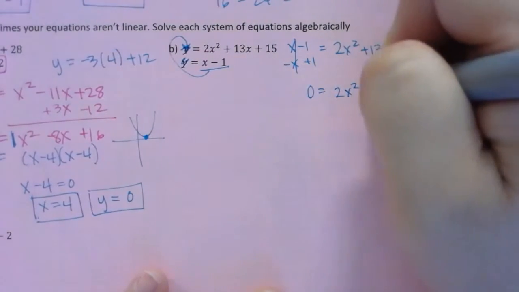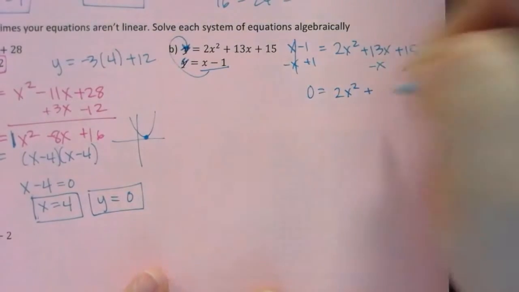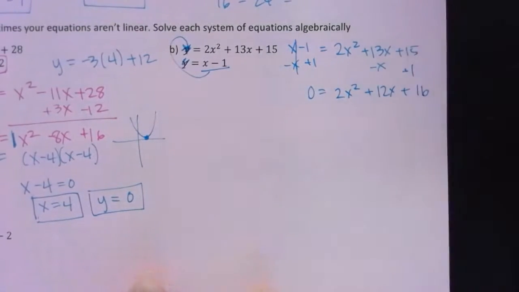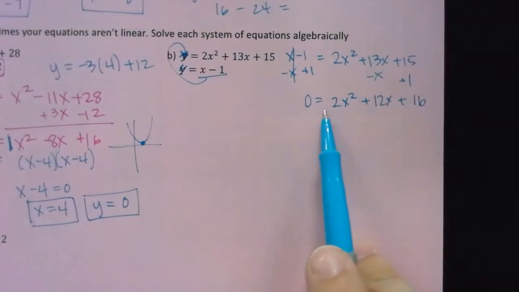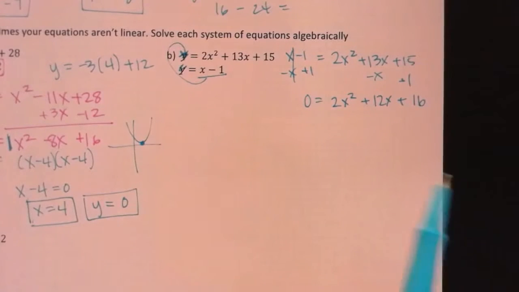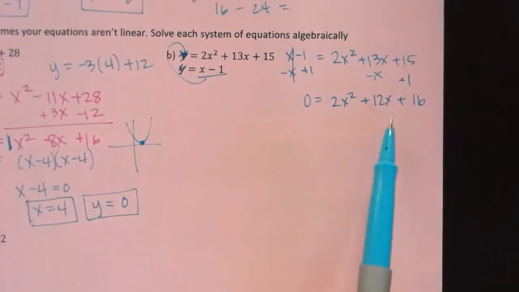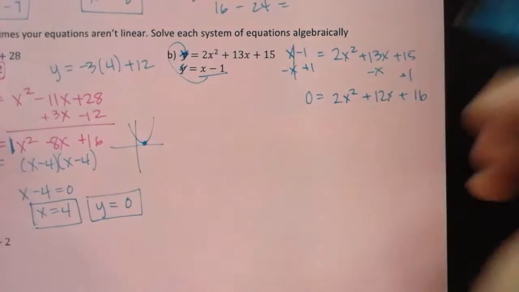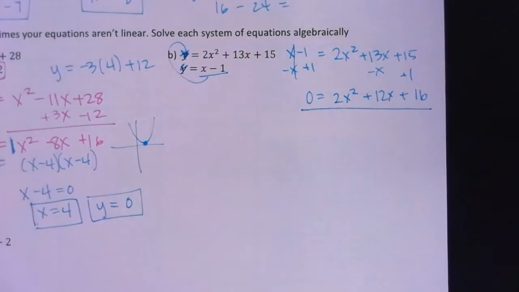2x squared plus 12x plus 16. Now, we said anytime that number is something other than 1, we have to factor by grouping, except for if they have the same number in each term. If they have a common factor, we could divide the common factor out. It makes the problem much easier.